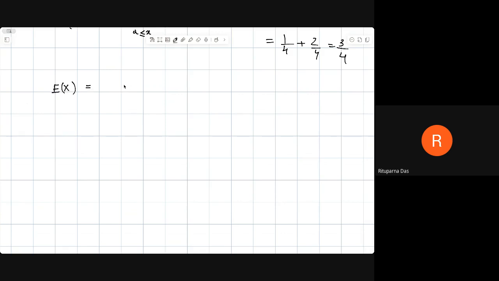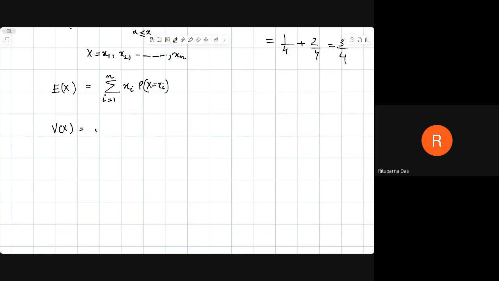For x equal to x1, x2, up to xn, the weighted average is xi times P(X = xi), and we sum this over i equal to 1 to n, and that will be your expectation.